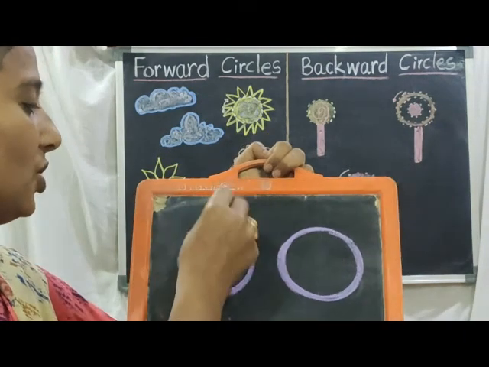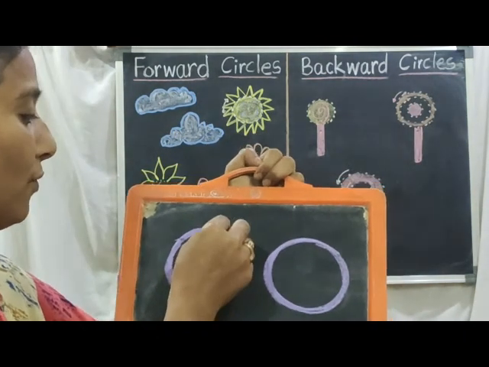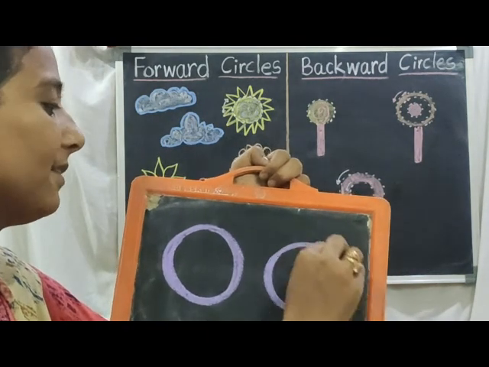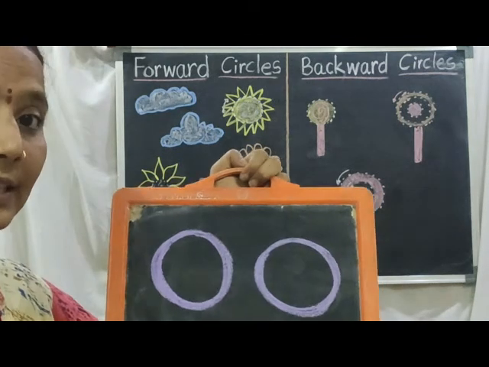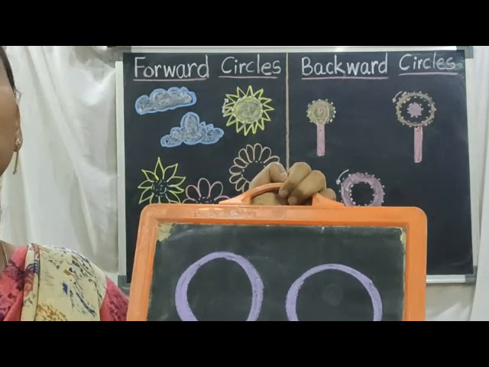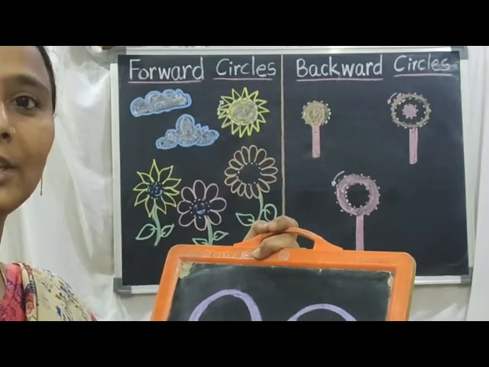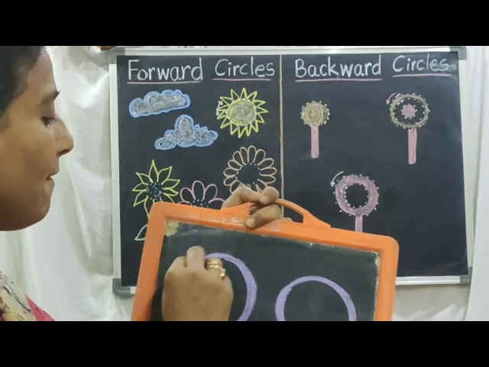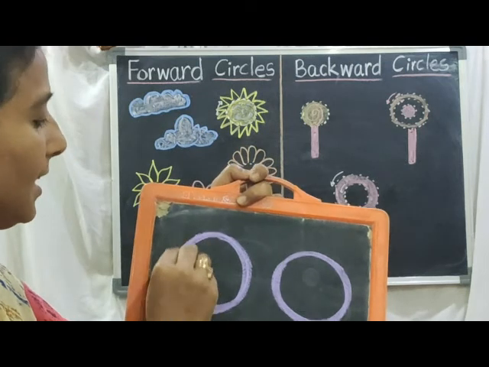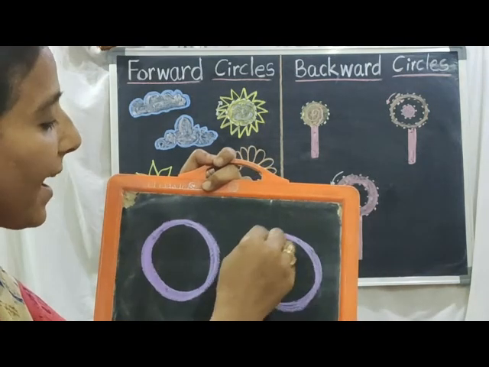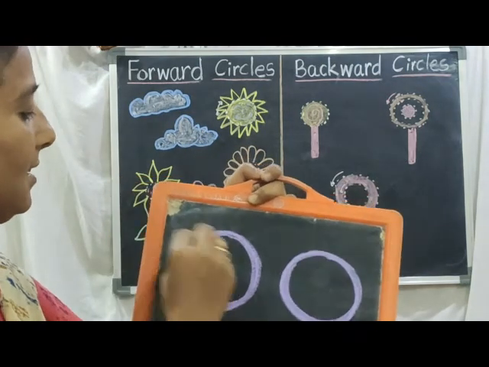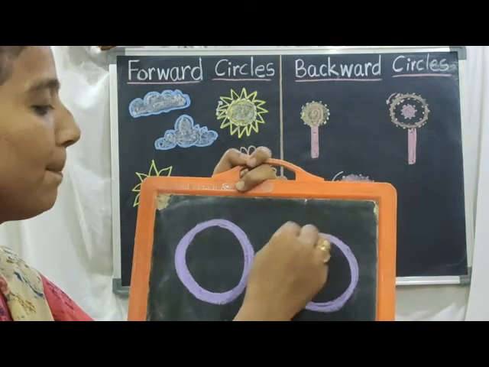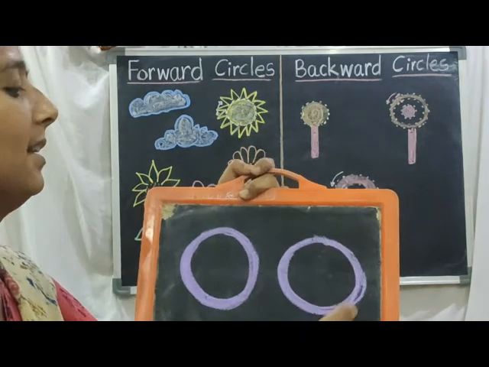See here, children, practice both forward circle then backward circle. This is the forward circle and this is the backward circle.